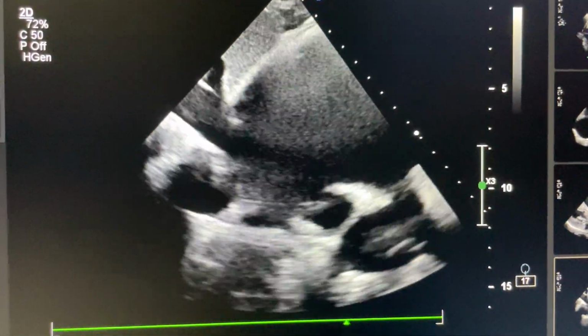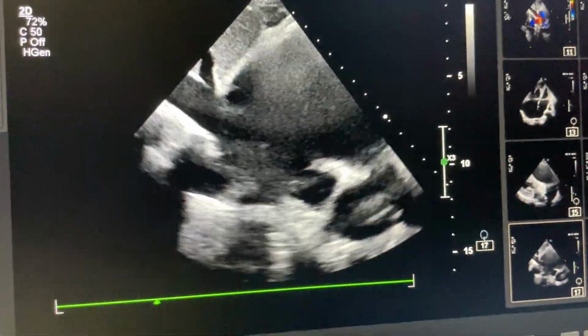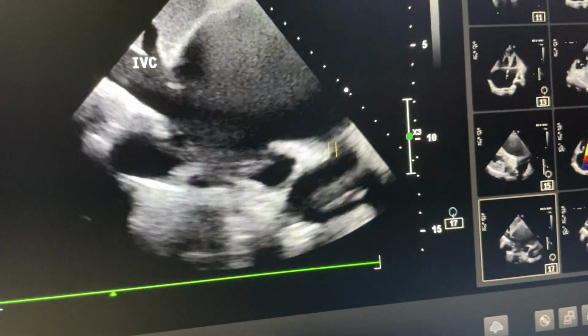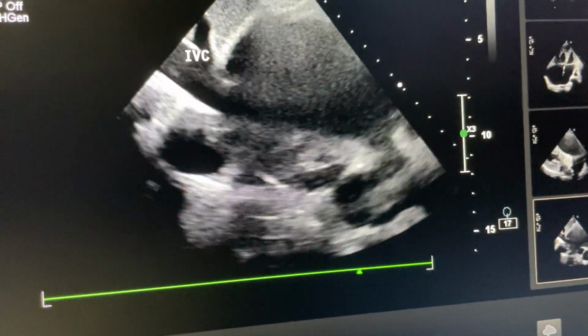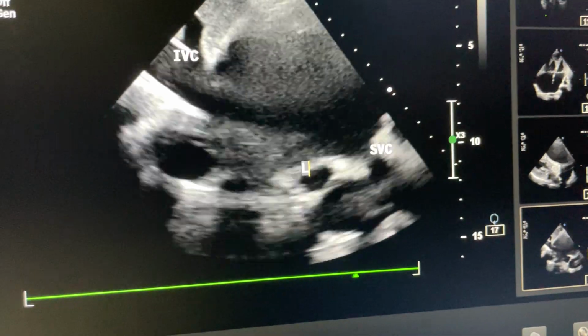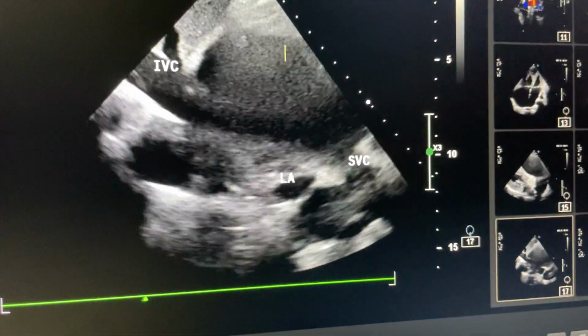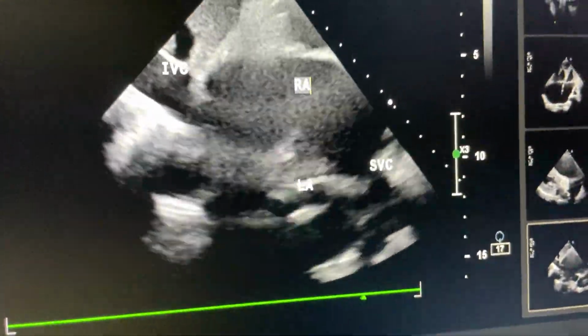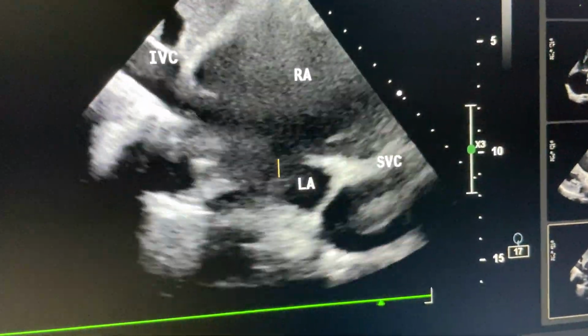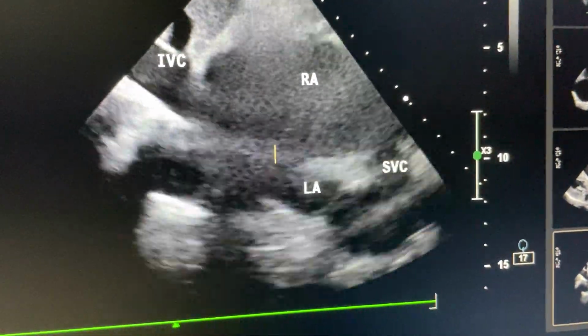This is bicaval view. In this bicaval view, what you see, this is IVC, and this is SVC. This is left atrium, and this is right atrium. So ultimately what you see in this image, left atrium is communicating with right atrium.